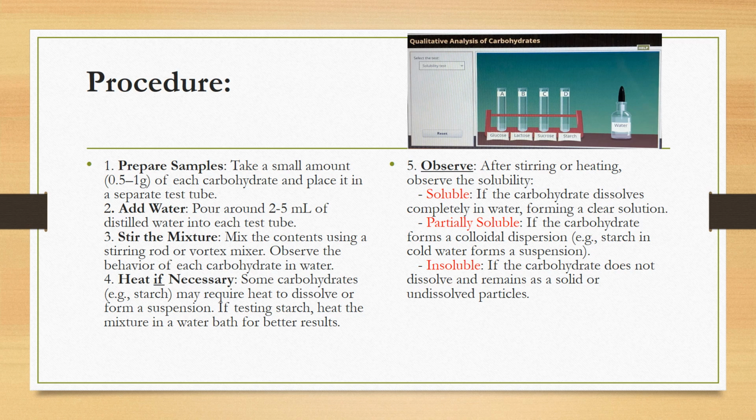Mix the contents using a stirring rod or a vortex mixer. I will show you the picture of the vortex mixer. It's a simple device for mixing. So we are going to mix the contents using a stirring rod or vortex mixer.